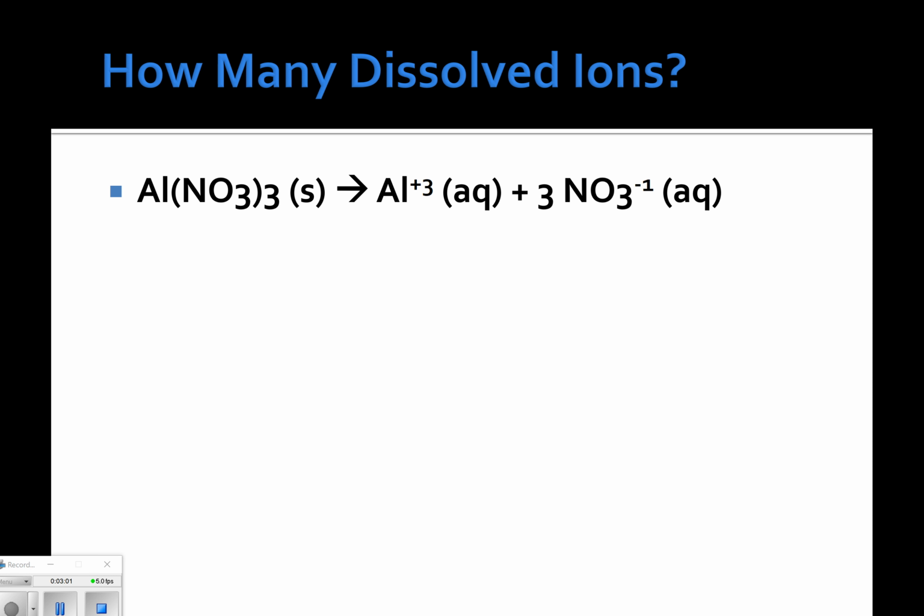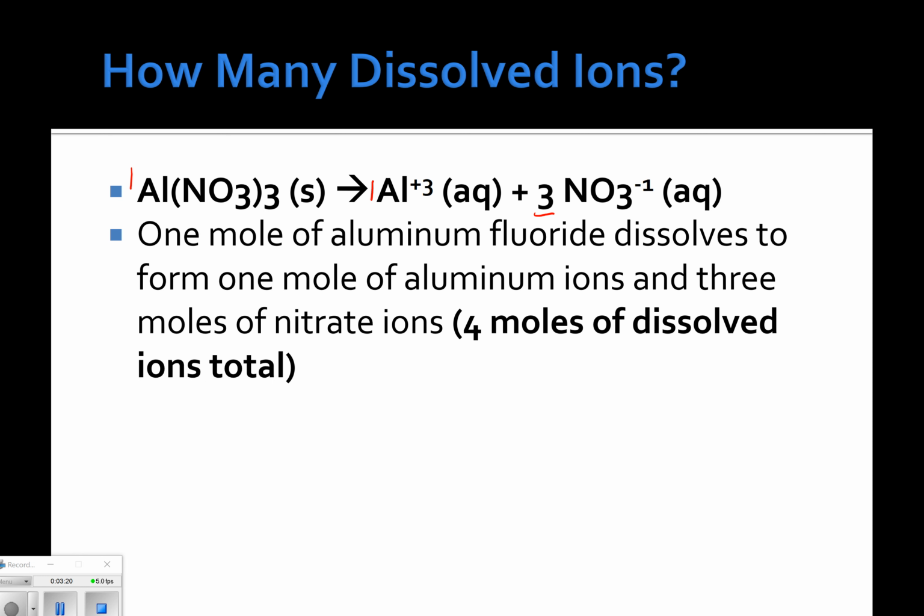In this example, we have aluminum nitrate. And again, we only have 1 mole of solid aluminum nitrate. But when that aluminum nitrate dissolves into water, we end up with, you can pause this and check your work here, 1 and 3 for a total of 4 moles of dissolved ions.